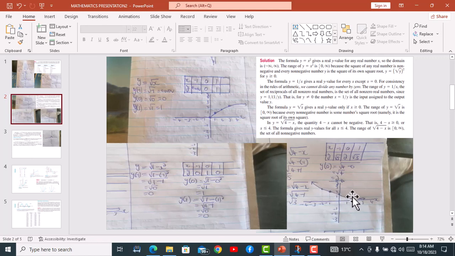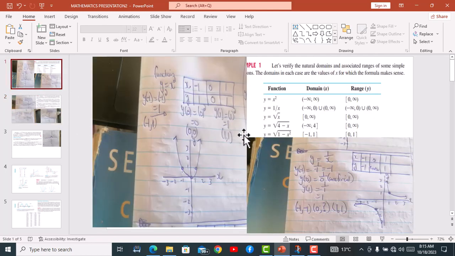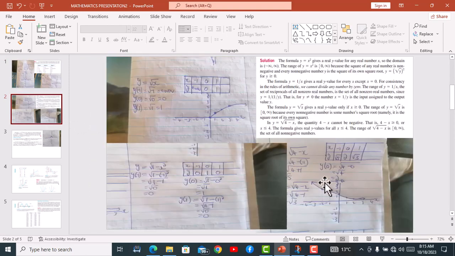So when we draw this, we get a shape of this nature. I know I'm not very perfect in drawing, but something of this nature you will have. So let's see the domain and the range of that function. He says the domain is from negative infinity to 4. So let's check.